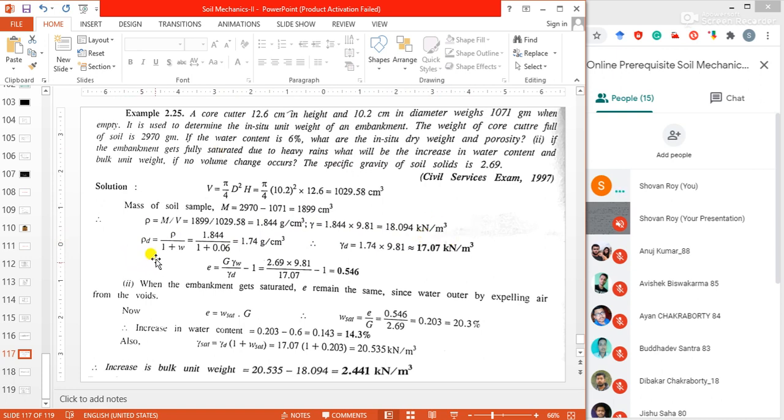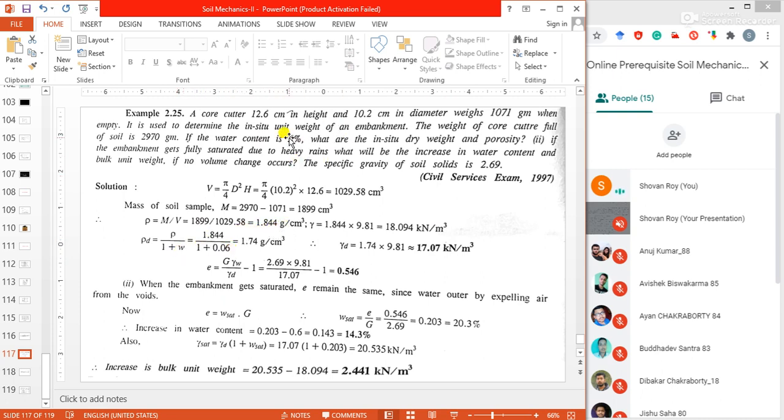Now next is the calculation of dry density. Same formula: bulk density rho by 1 plus w, 1 plus water content. So bulk density is 1.844 by 1 plus 0.06.